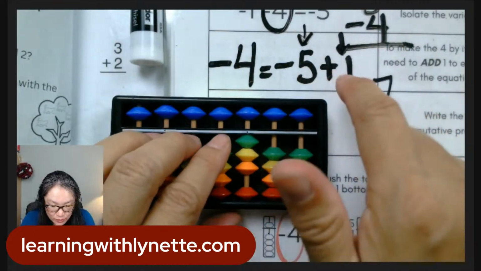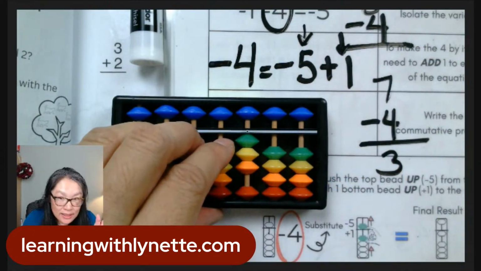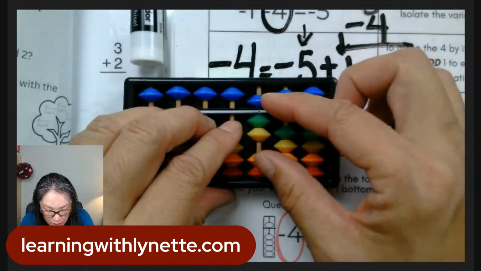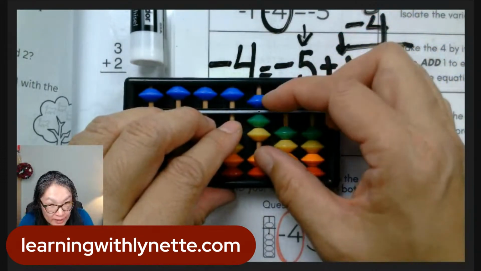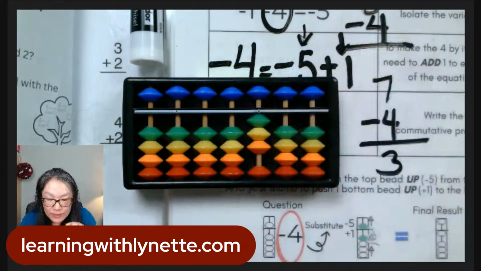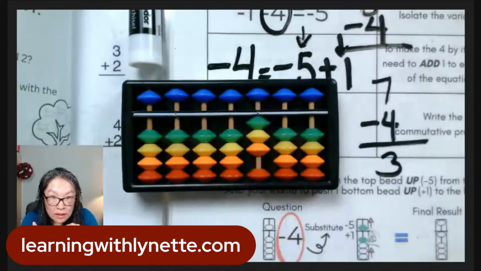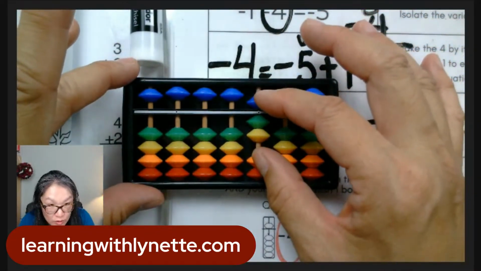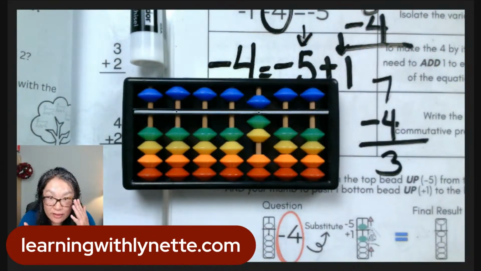So what we did is we did the plus and now we're doing the minus. Notice when I add the 4, I'm moving the top bead and the bottom bead. When I subtract the 4, I'm only moving the top bead and the bottom bead. So now what we're looking at is number patterns. There you can see the patterns.